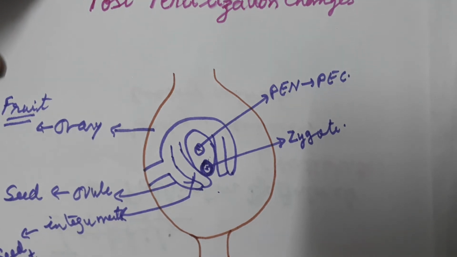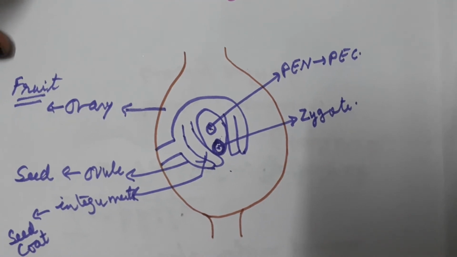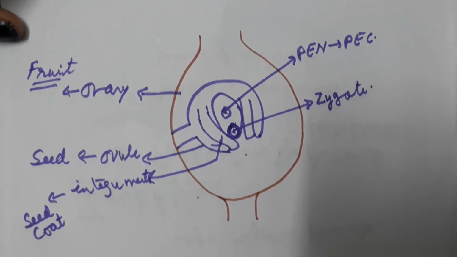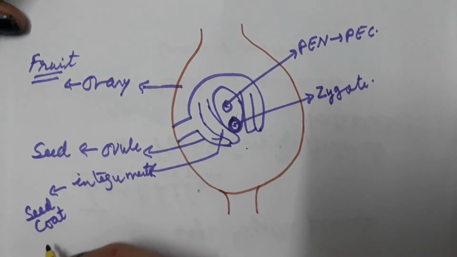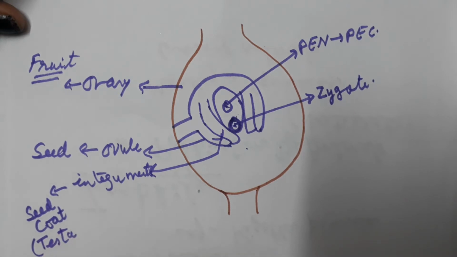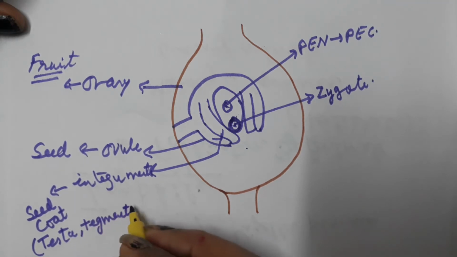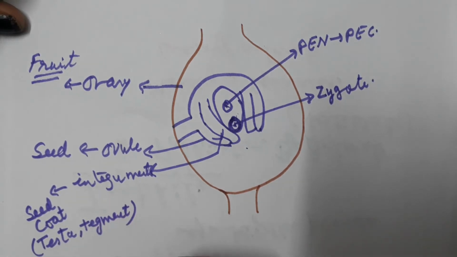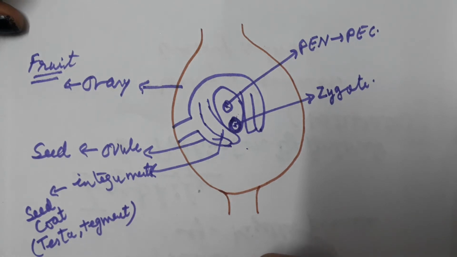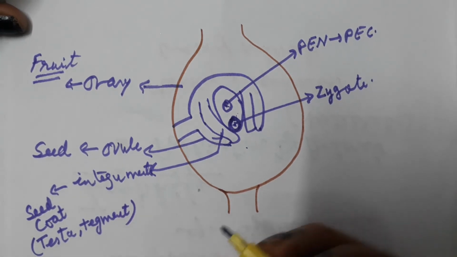Two integuments, outer and inner. Outer integument changes into the outer seed coat, that is testa, and inner integument changes into the inner seed coat, that is tegmen. So integuments change into the seed coat, that is testa and tegmen are developed from integuments.